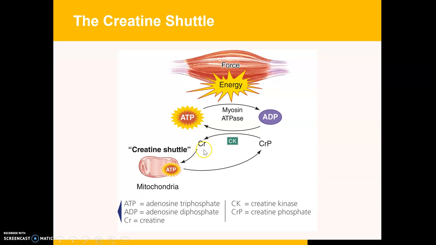The creatine that remains from chemically splitting creatine phosphate is rephosphorylated using energy from ATP produced aerobically in the mitochondria of the muscles.